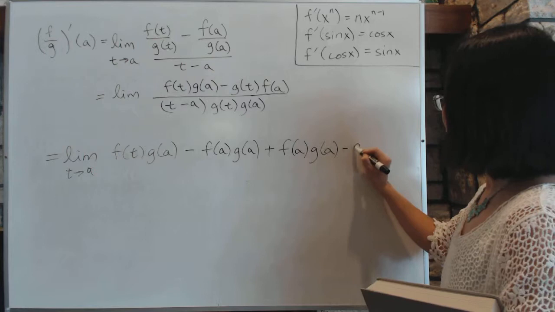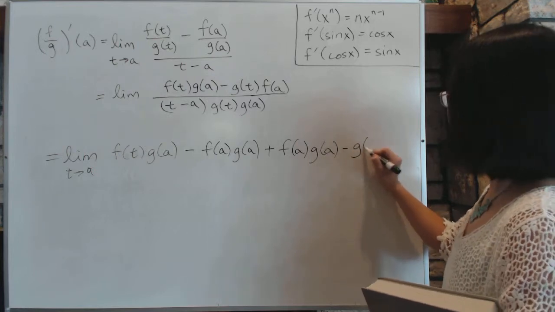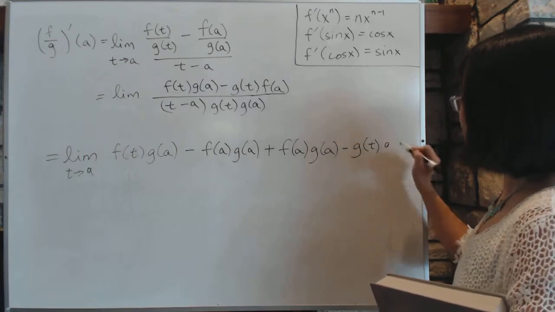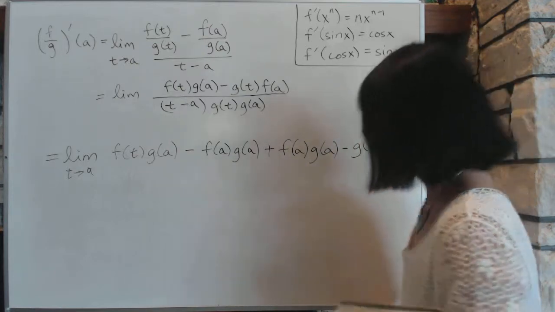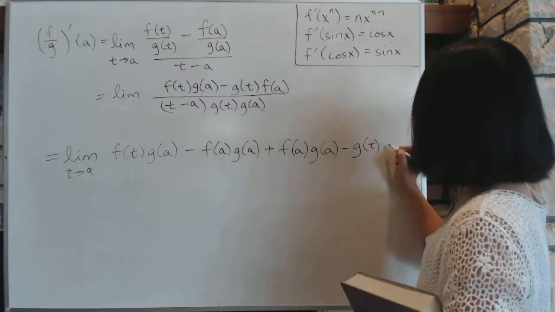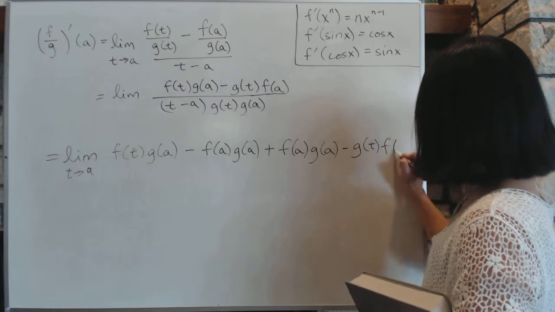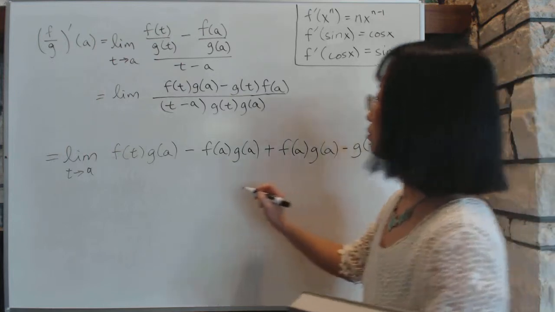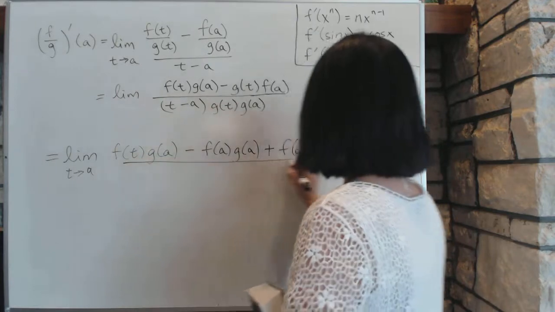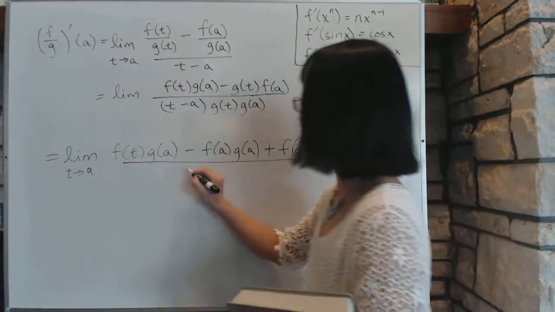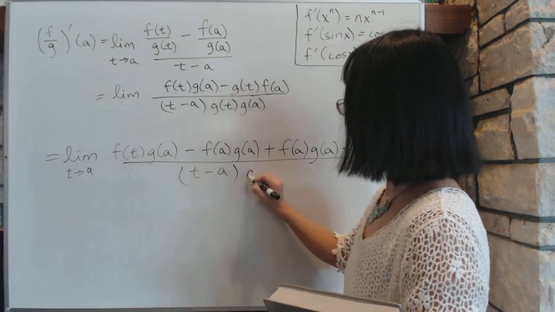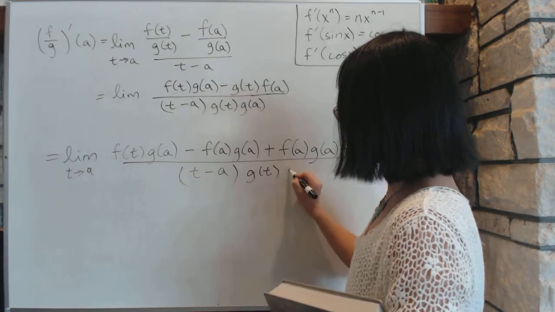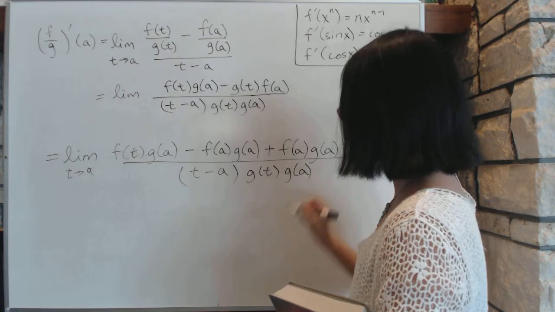And then lastly, there's minus g(t)f(a). And of course, the whole thing is going to be under more stuff now. There's t minus a, but there is also g(t), and then there's g(a). So there's all this good stuff hanging out.